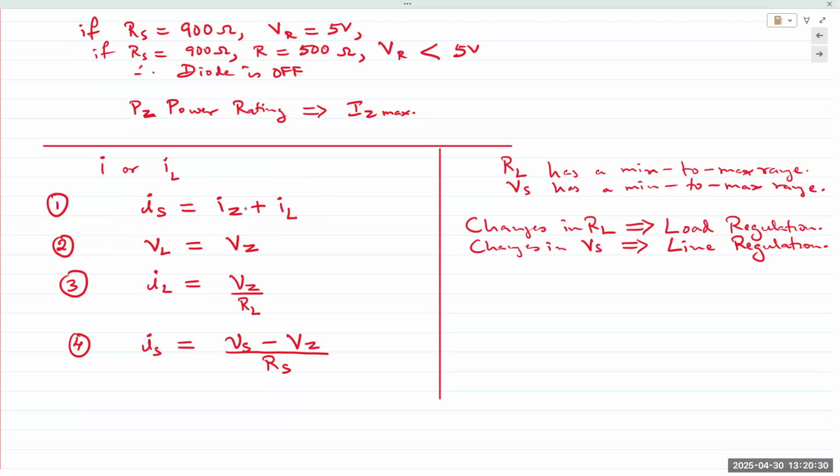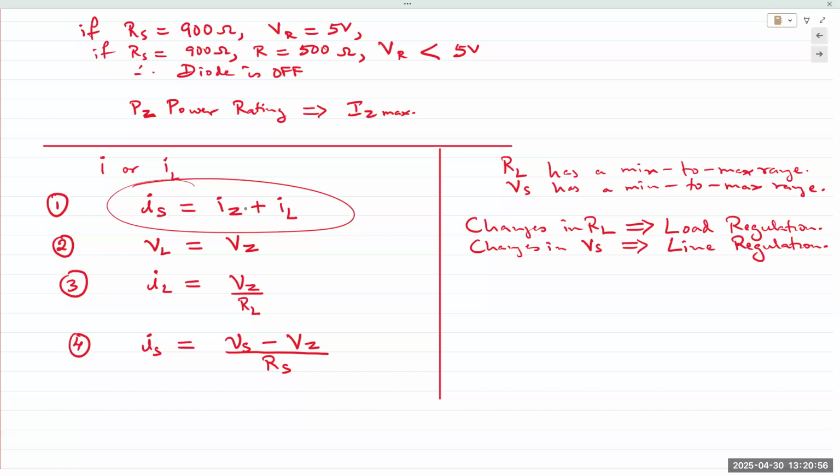Again, let's look at this first condition. Total supply current is the sum of the Zener current and the load current. If voltage Vs increases, that means the supply current Is also increases. If supply current Is increases, then Iz and IL should also increase. But the output voltage Vz remains constant.